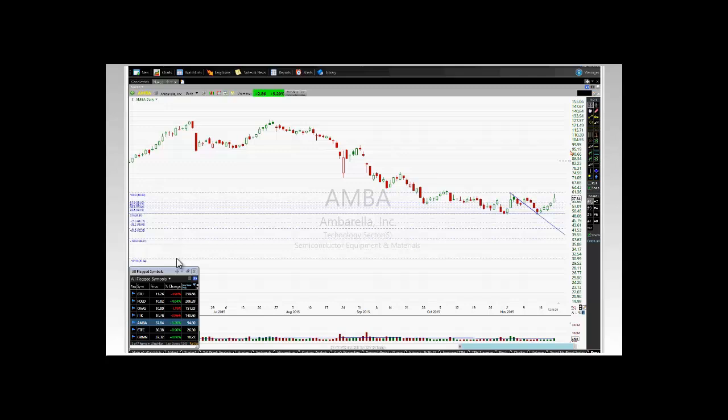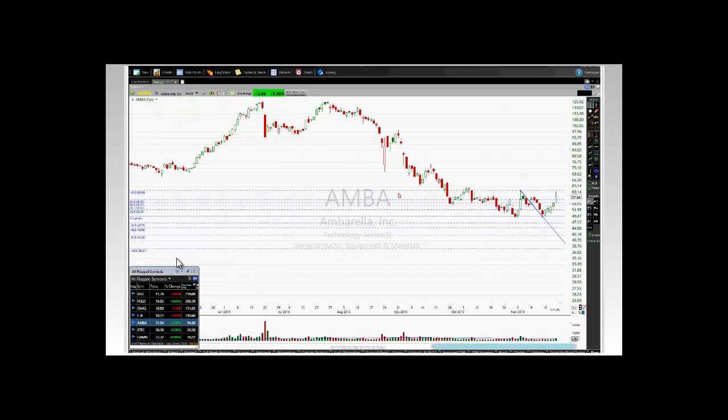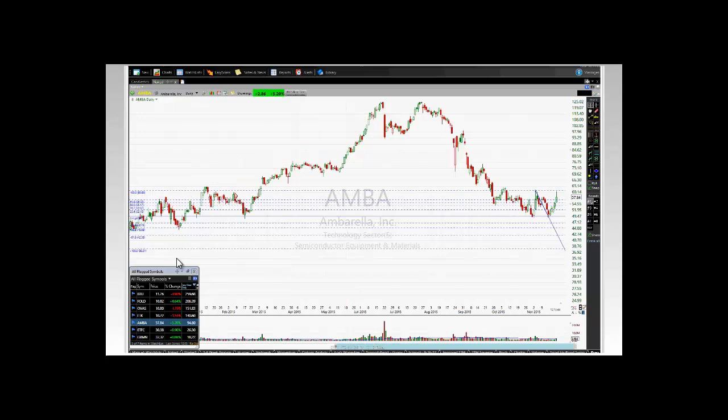And we would expect that they found resistance on the pull-up here at this level. And that's a pretty good match for where they've run into resistance above before.